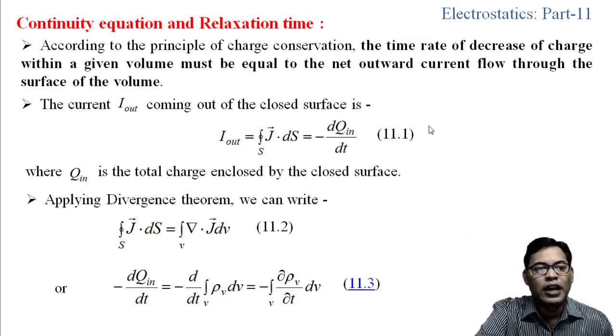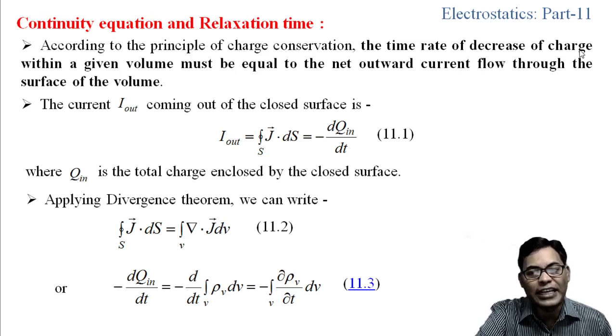So the definition of the continuity equation can be written in mathematical form by the expression 11.1. The minus represents the decrease of charge, and it is the time rate because it is d/dt of Q in. So the time rate of decrease of charge within a given volume must be equal to the net outward current flow.